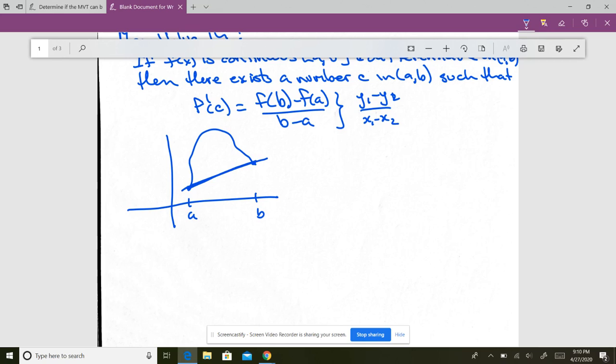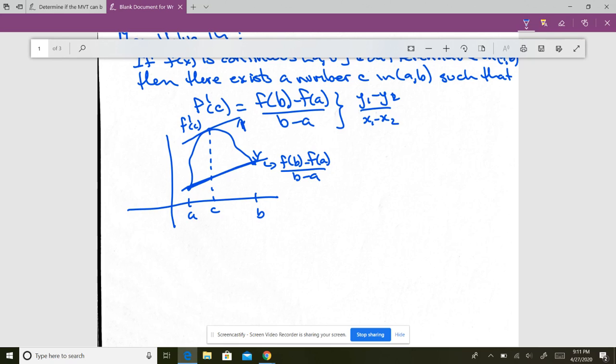If you take the slope of this line, which is the slope formula right above it, it will equal, call that c, the slope at that point there. The slopes of this line and this line will be the same.